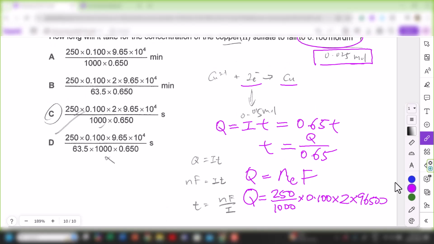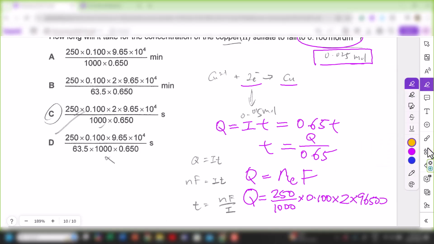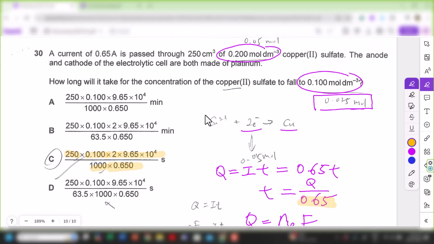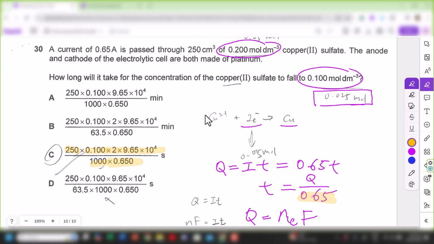Look through the list and see which one fits the bill. So we have 250 divided by 1000, then 0.1, then 2, then 96500, and then divided by 0.65. That will give me the time in seconds. So that's it. The rest are all incorrect.